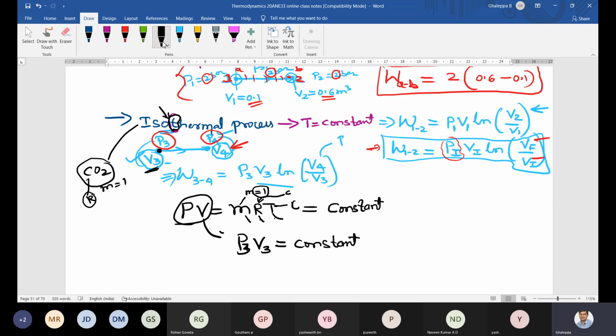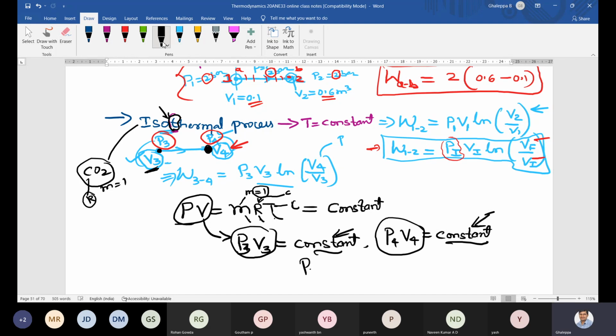Same expression you write at the final point: P4 V4 is equal to constant. Constant means it has the same value. Here it is also 200, here also 200. The right hand side is the same on both sides, so obviously the left hand side should be equal. So P3 V3 is equal to P4 V4.